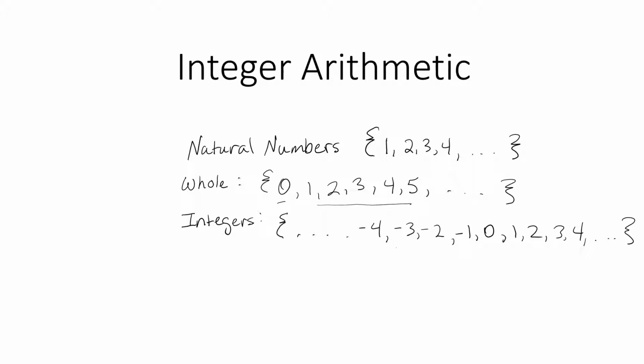There's no fractional parts whatsoever, just the whole numbers and the negatives of the whole numbers. Now 0 is neither positive nor negative, and it's the only one that's like that.